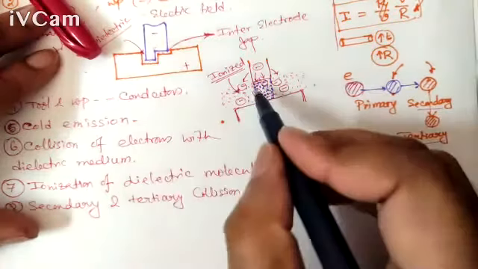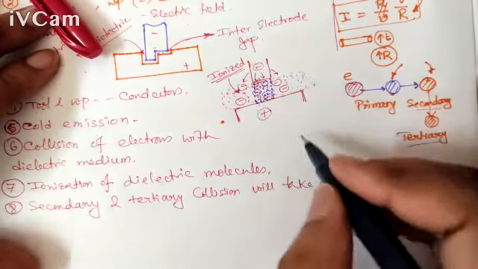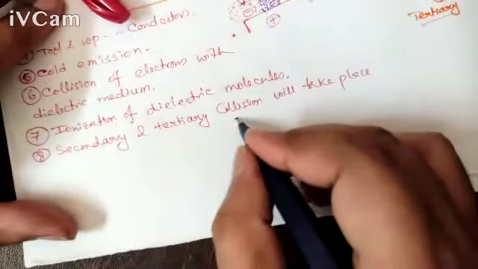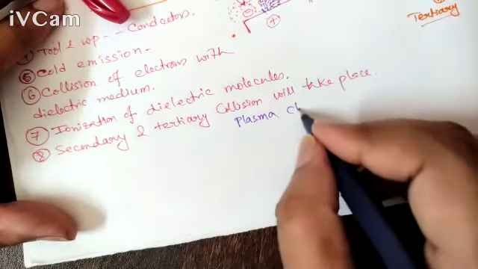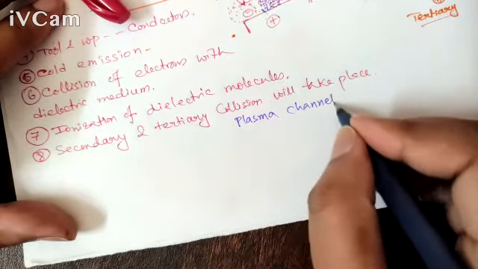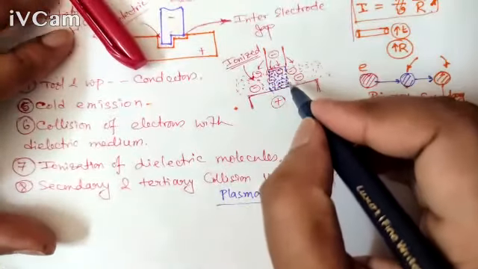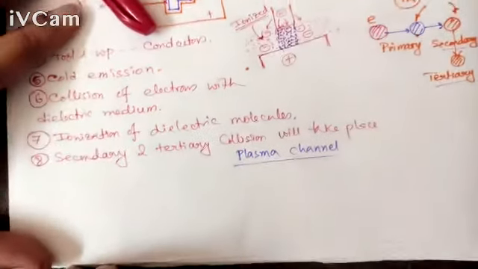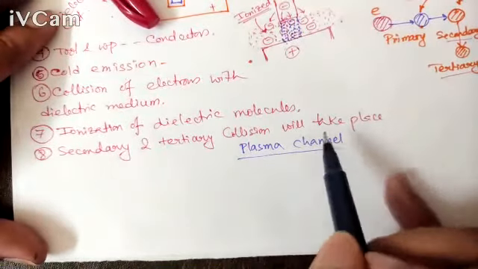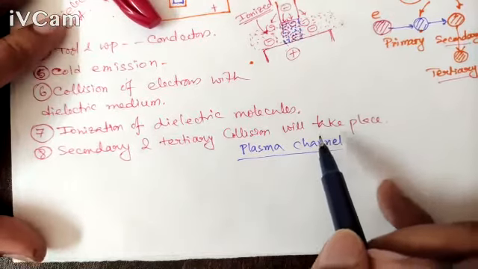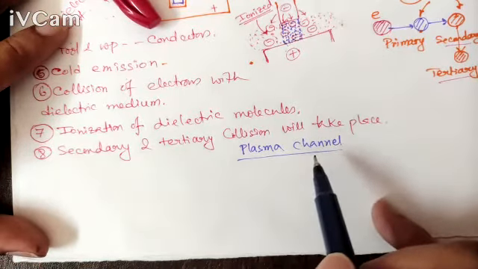So as this portion is completely ionized, what will happen? It will form a plasma channel. This portion is becoming one plasma channel. So primary collision, after that secondary and tertiary collision, and after that we are going to get a plasma channel.